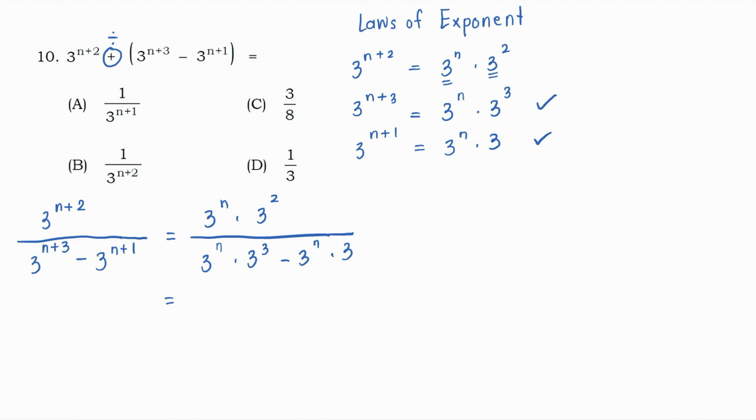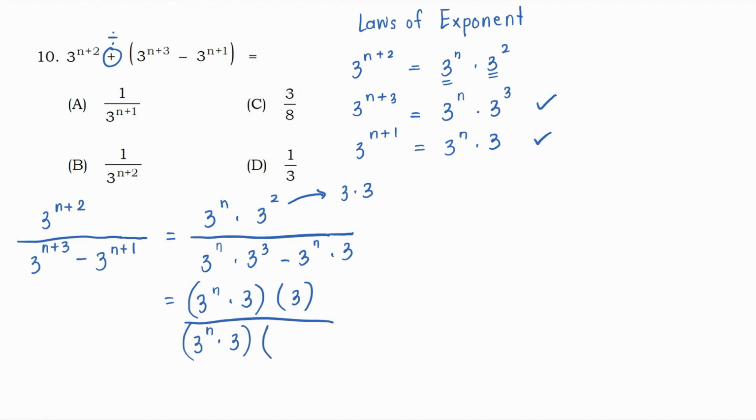So, i-factor out natin yung 3 raised to n times 3. So, kapag finactor out natin yan, we're left with 3 dito, kasi, di ba yung 3 squared can also be written as 3 times 3. And then, all over, ilabas rin natin sa denominator yung 3 raised to n times 3 para may pwede tayong i-cancel. And then, yung 3 raised to 3 is 3 times 3 times 3.